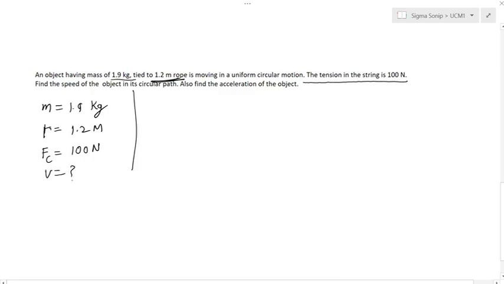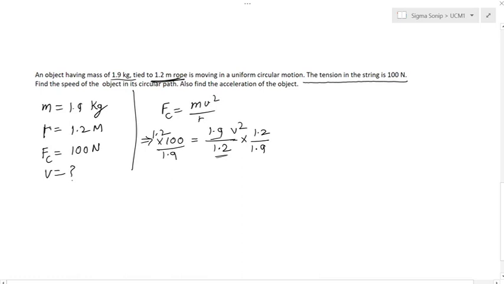All right, so simple equation, Fc is equal to mv square over r. Substituting the values, Fc equals 100, m is equal to 1.9, v square divided by 1.2. We want to get v square all by itself, which means we need to get rid of this 1.2 and 1.9. We get rid of 1.2 by putting it in the numerator, and get rid of 1.9 by putting 1.9 in the denominator.